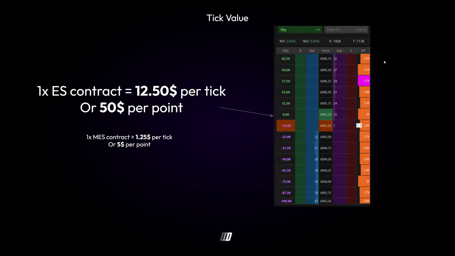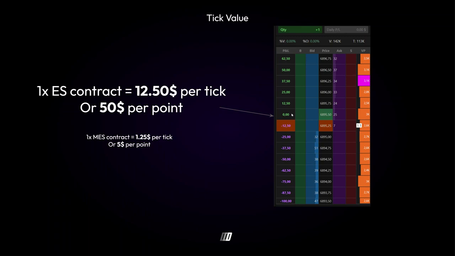And tick value instead is, if I, for example, buy or sell one ES contract, how much money will I see floating up and down in my P&L? So if I buy one ES contract, that will create a change up or down of $12.50 per tick, or $50 a point.